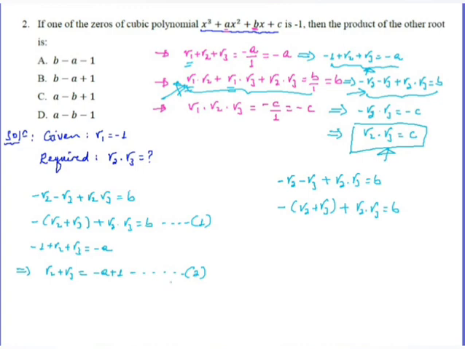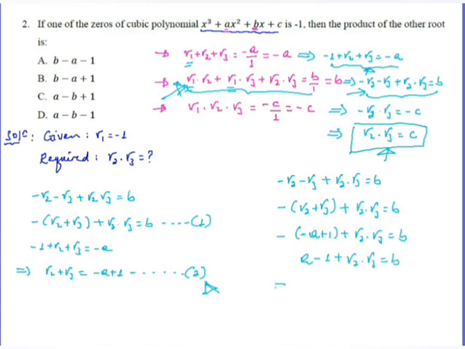Now from the second equation r2 plus r3 በሚለው ቦታ ምን ማስገባት እንችላለን? Negative a plus 1 plus r2 times r3 is equals to b የሚለውን ማስገባት እንችላለን። This is exactly the same as a minus 1 plus r2 times r3 which is b.